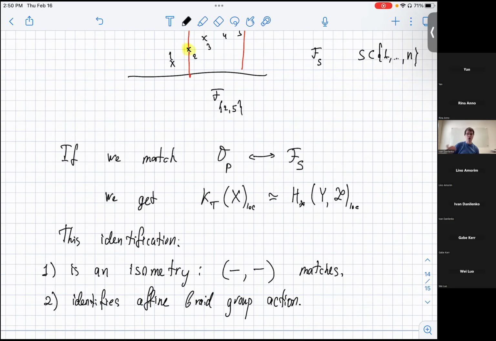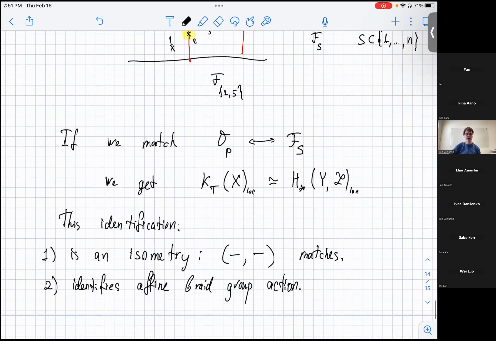And on the other side, it's more complicated. It's derived autoequivalences of the category of coherent sheaves. But for K-theory, you could write it in terms of convolutions with Steinberg correspondences, and it is very well known how it behaves there.